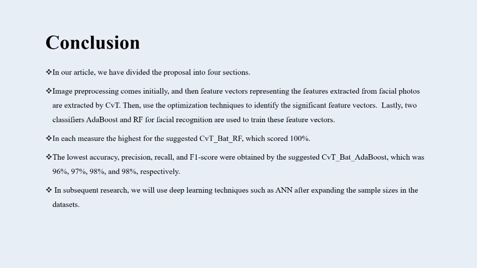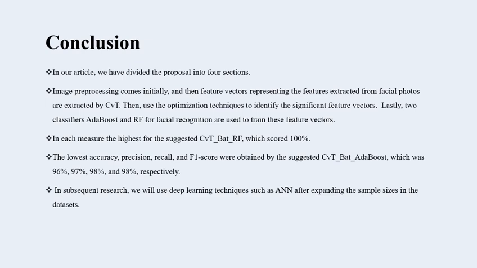Conclusion. In our article, we have divided the proposal into four sections: image processing, then feature extraction from facial photos, which are extracted by curvelet transform. Then we use the optimization technique to select the features by the path algorithm. Lastly, we use two classifiers, AdaBoost and Random Forest, for facial recognition.